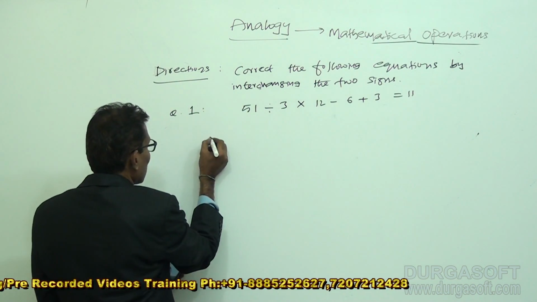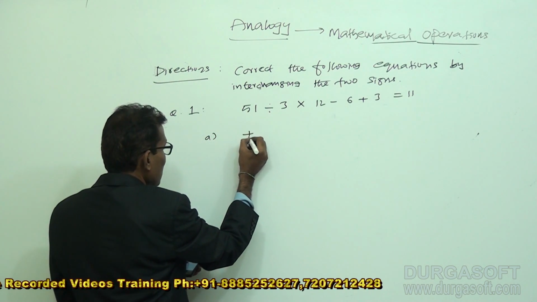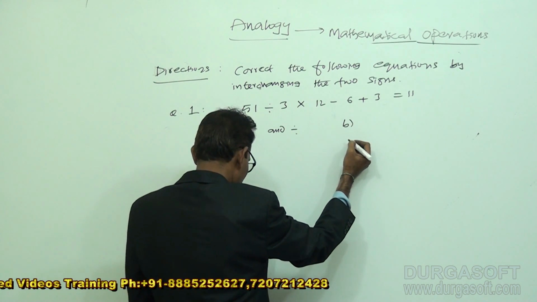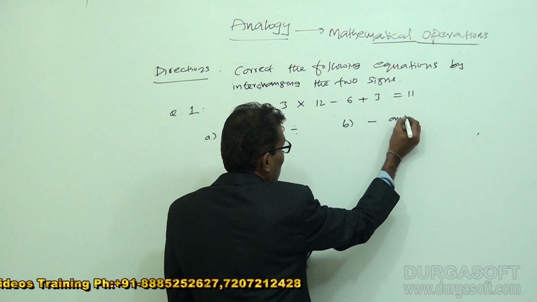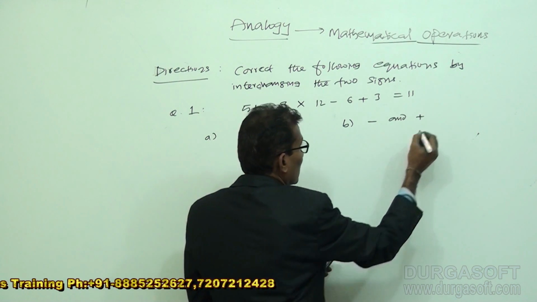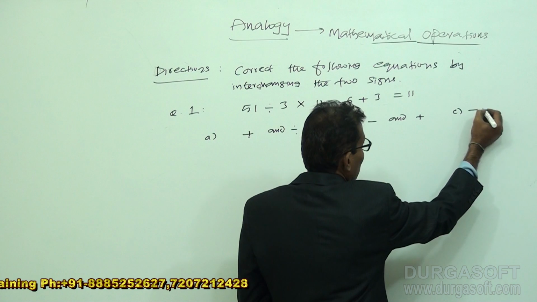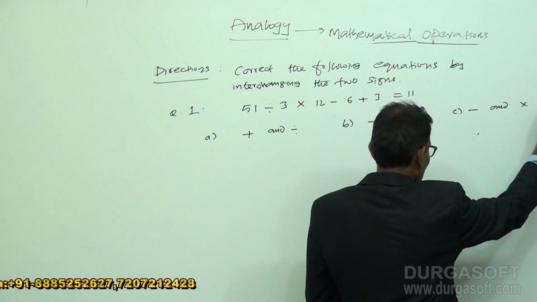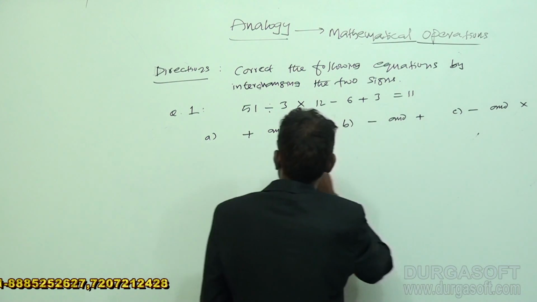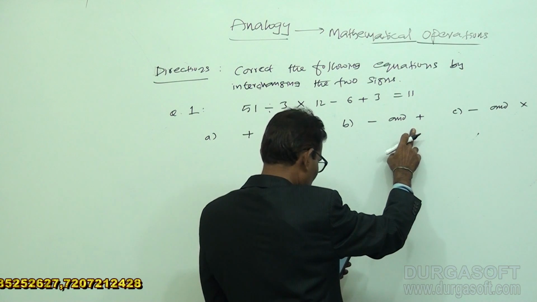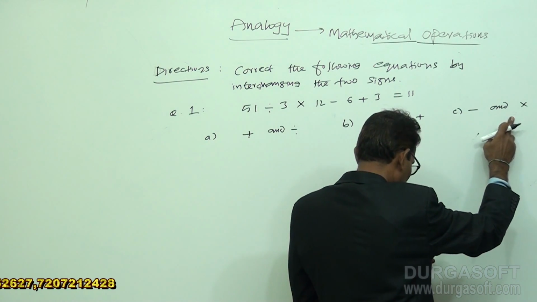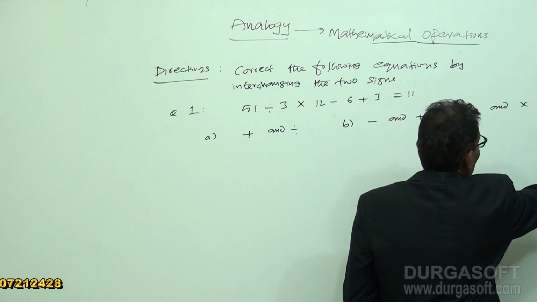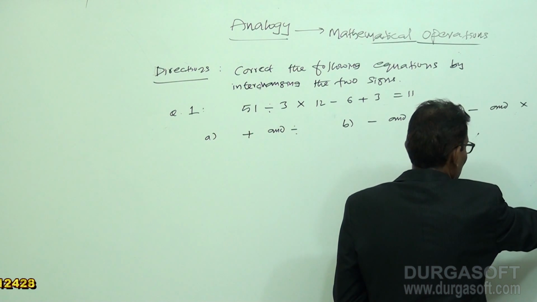And your options are: A, plus and divided by; B, minus and plus; C, minus and into; D, into and divided by; E, none.